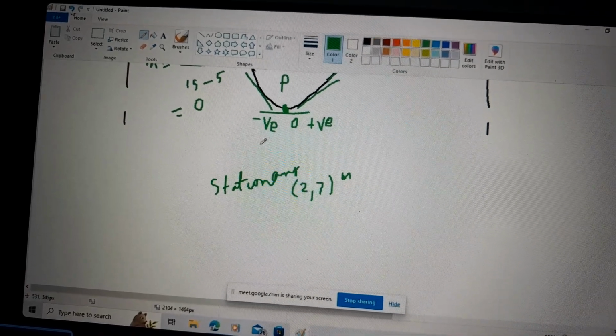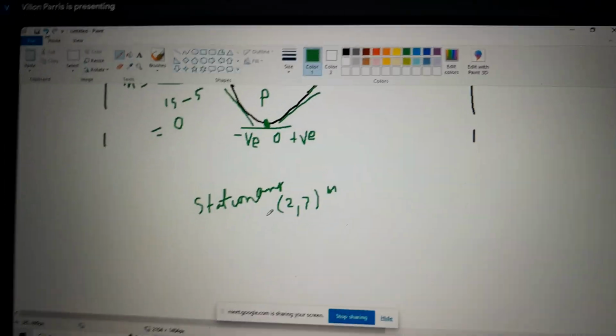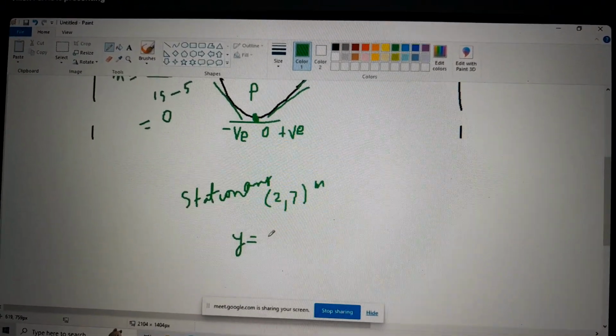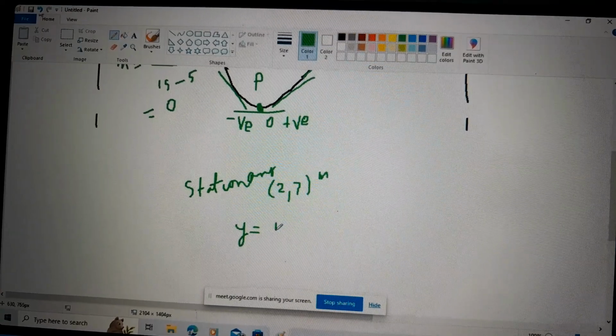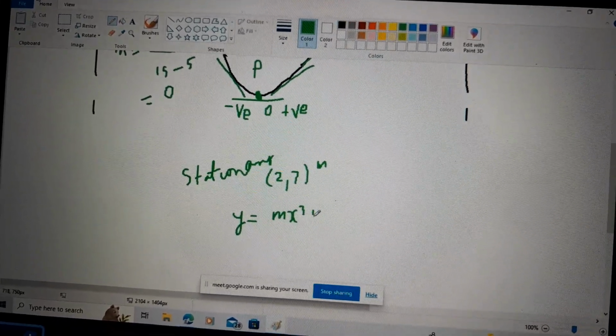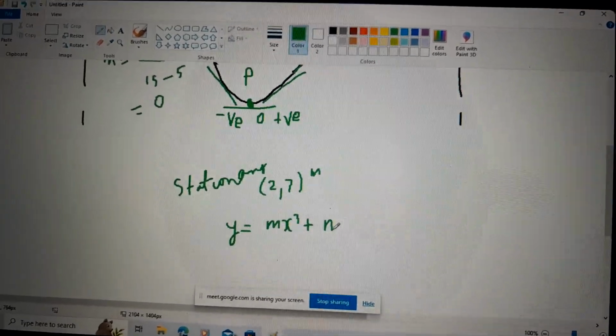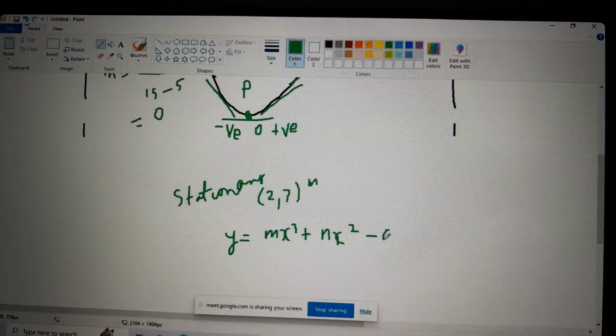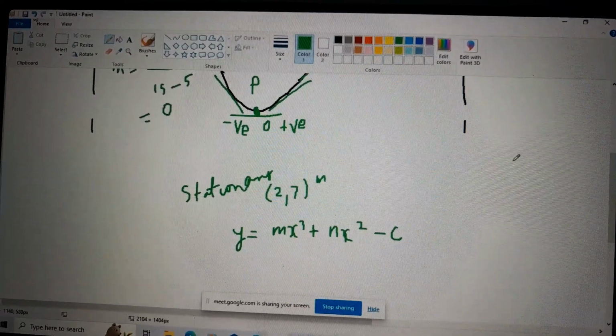So if you want to know if it's a maximum or minimum point, this is one of the things you can do. Let's say the function is y equals mx cubed plus nx squared minus c. I'm just making up something here.